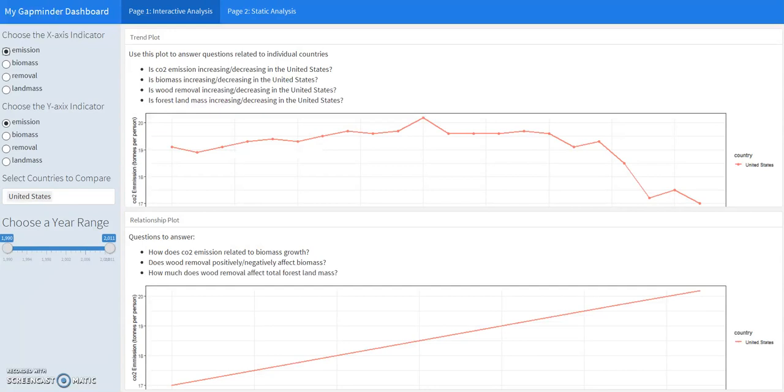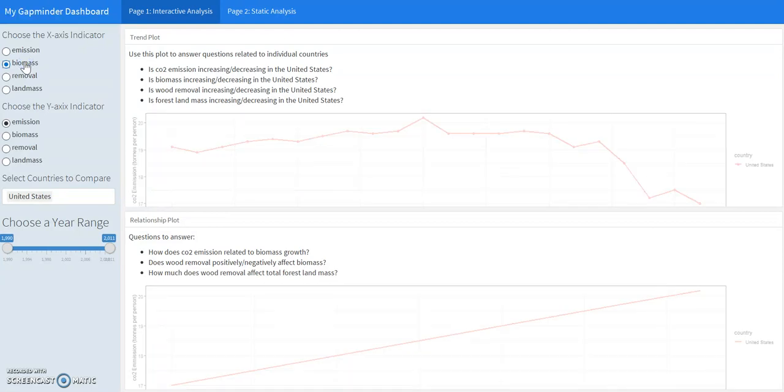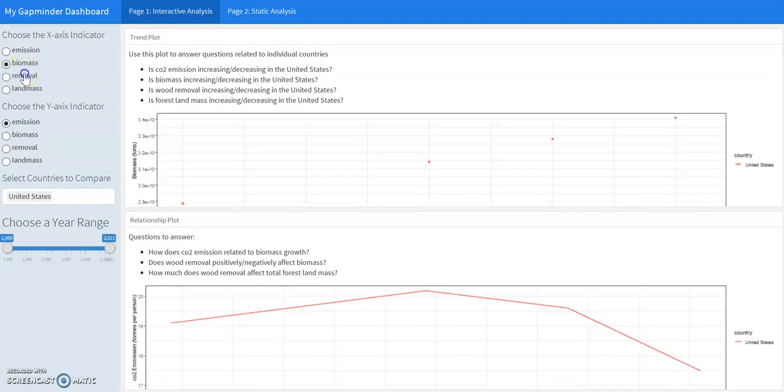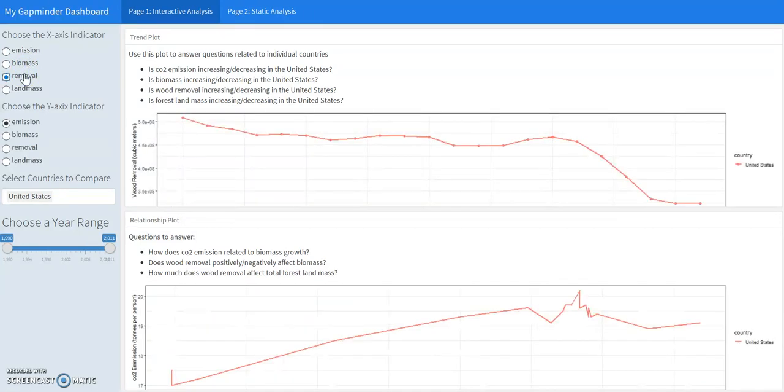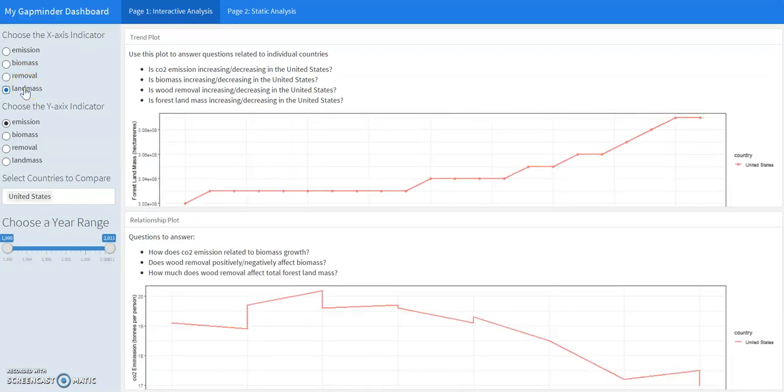Okay, so on this page right here, you have 4 different variables to choose from to change the x-axis. So what we want to look at is, are these things increasing or decreasing in the United States? As you click through each indicator, you'll see the trend line that will tell you different information about each one. And this is just for the United States.